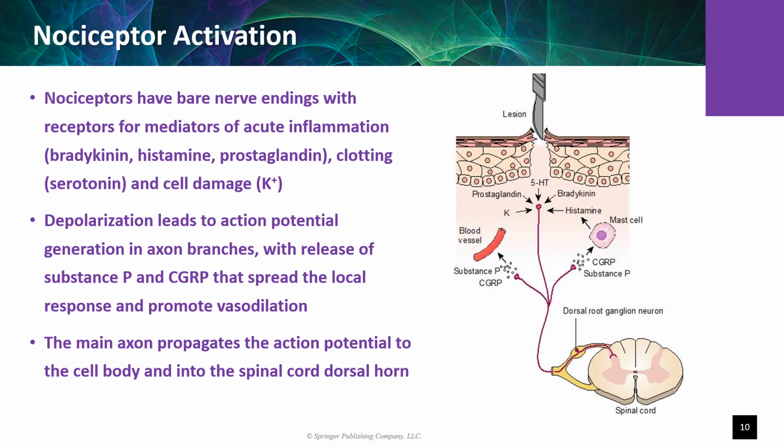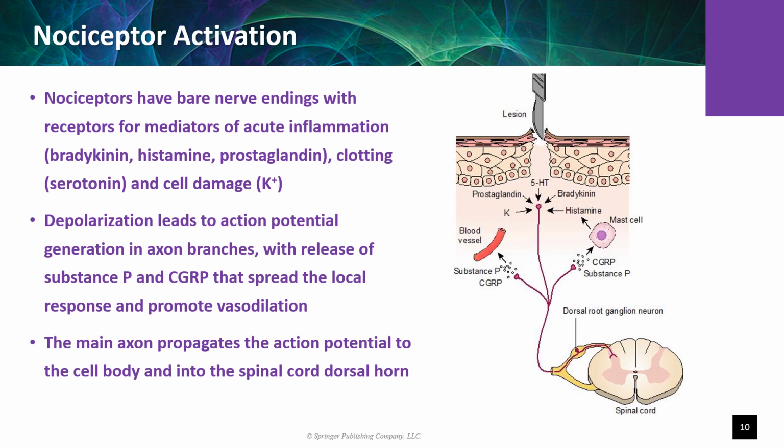Peripheral nociceptors are bare nerve endings with receptors sensitive to inflammatory mediators and signals of tissue damage. The action potentials initiated at the peripheral sensing end are propagated to the dorsal horn to synapse with the second-order neuron.